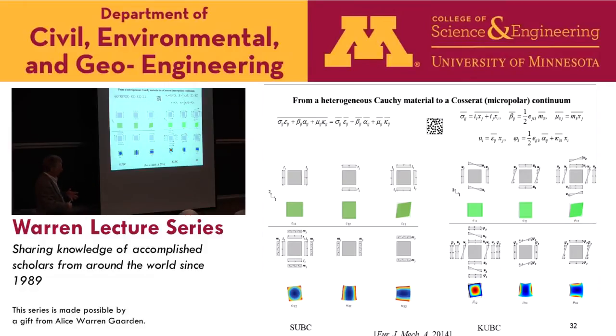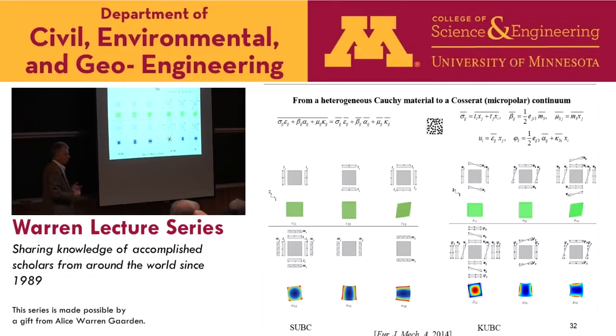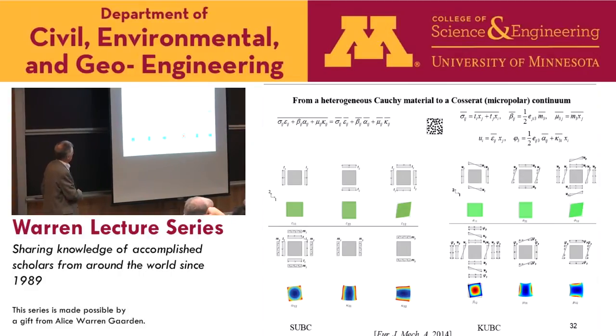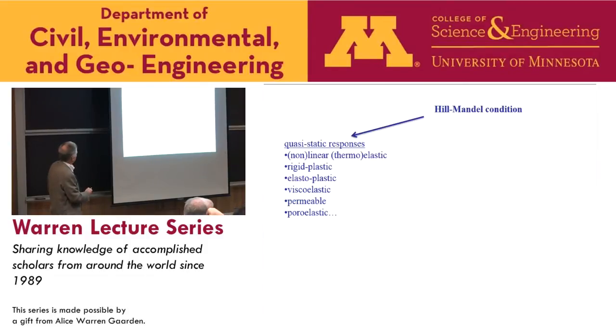And then, of course, one can use it as input into boundary value problems. And there's different solutions, say, for elastostatics of Cauchy versus elastostatics of non-Cauchy. So overall, we have this Hill-Mandel condition, which, like I discussed, gives possibilities to evaluate linear or nonlinear thermoelastic responses, rigid plastic, I didn't show, elasto-plastic, hardening, viscoelastic, also permeable and poroelastic.